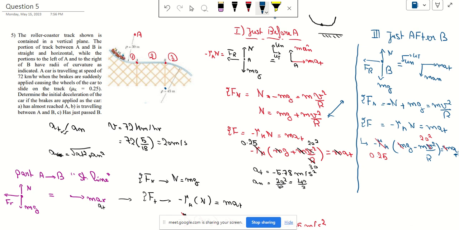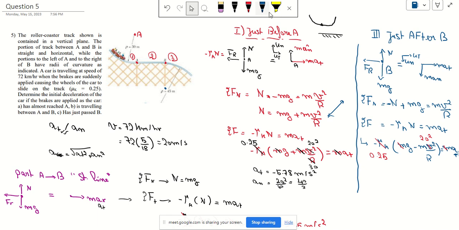Yeah, it's clear. Just one question. Yeah, please ask. At every point that we have AN and AT, if you are moving on a circular track. If you are moving on a straight line, AN will be 0, will vanish.